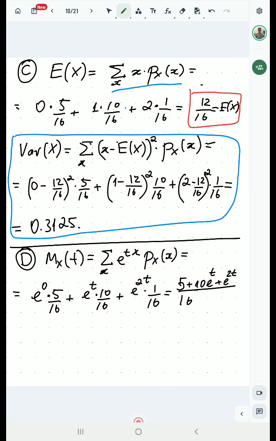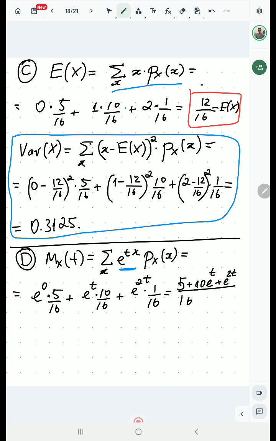Now in part D, we're asked to find the moment generating function. We know that the moment generating function is nothing but the expectation of e to the power tX. To find the expectation of this function, in the discrete case we evaluate the function at each value of X and multiply by the corresponding value of the probability mass function at that particular X. So we do that.